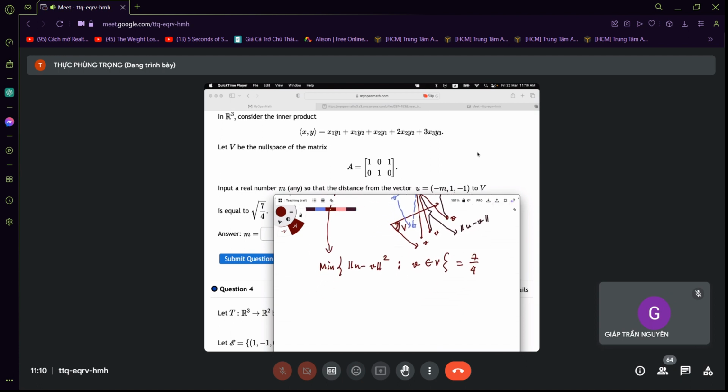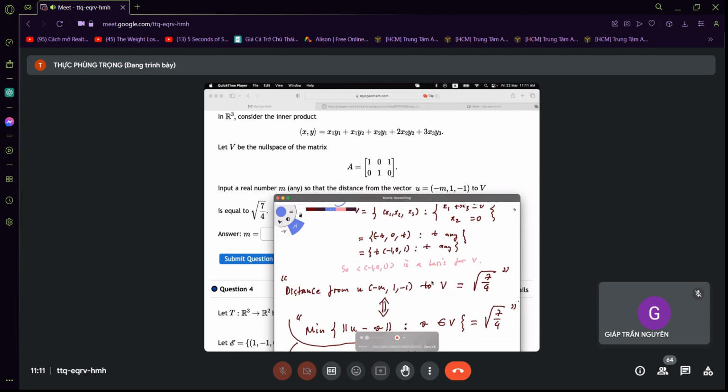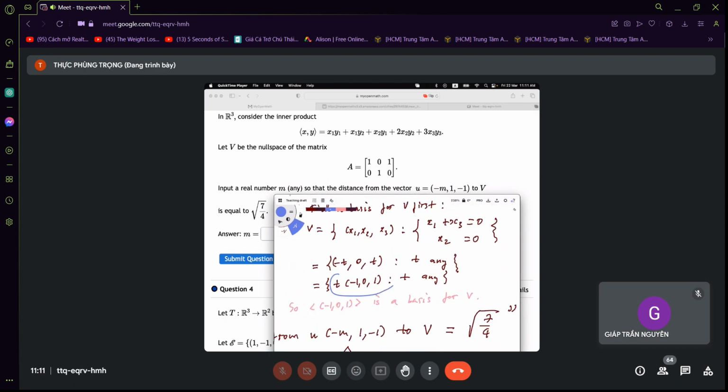All right, so look at what we have right here. First, what do we have for this? u is minus m, 1, and v is in the subspace V, so it should be in this form, right? Because v is in the subspace V, you have a vector in this subspace given by this. So let me write minus t, 0, t.